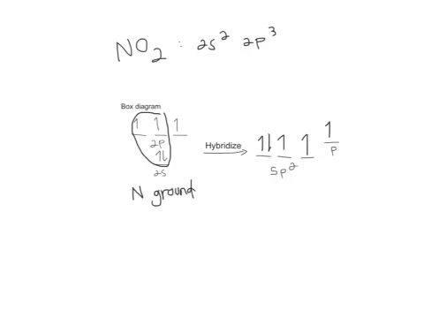And as you can see, I left 1 p orbital right there, which is going to later form our double bond.